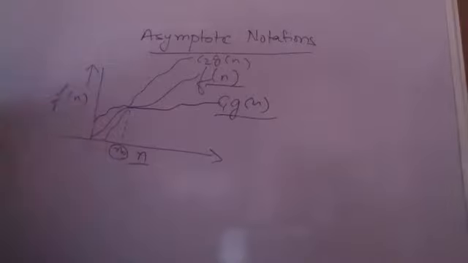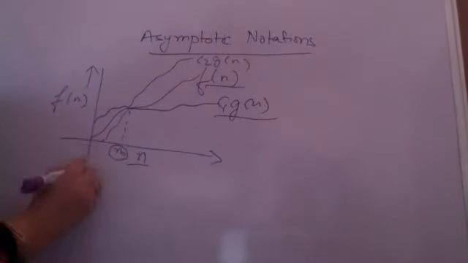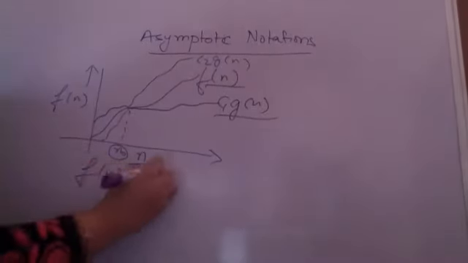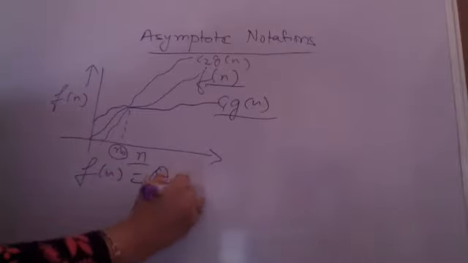So the basic definition is that f of n is equal to theta g of n.